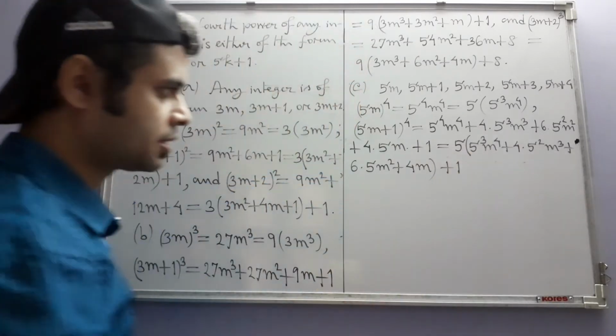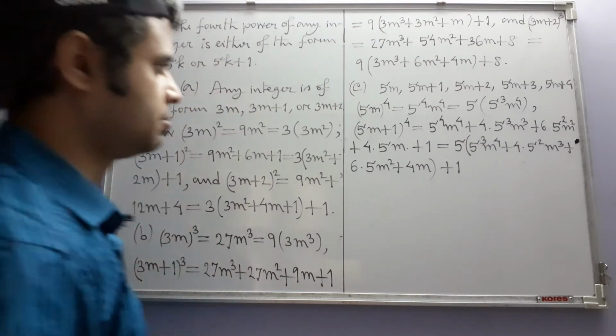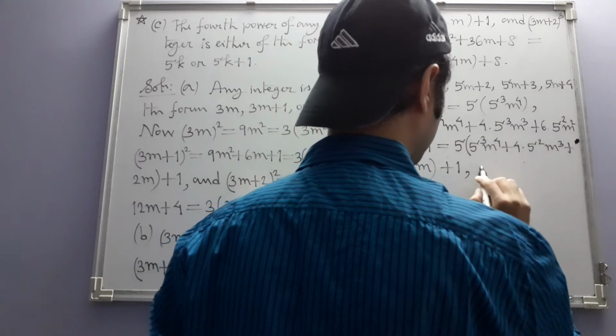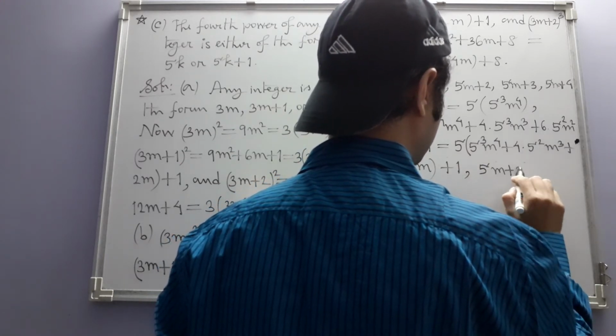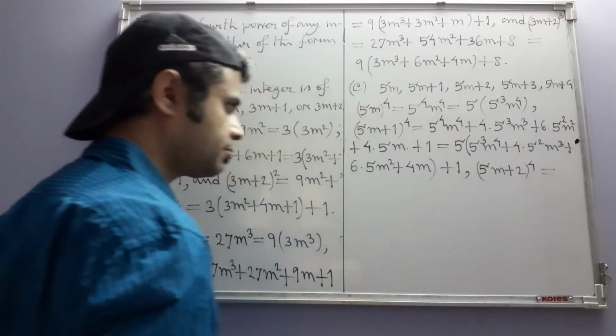So 5 times an integer plus 1. So it's of the form 5k plus 1. Then (5m plus 2) to the power 4.